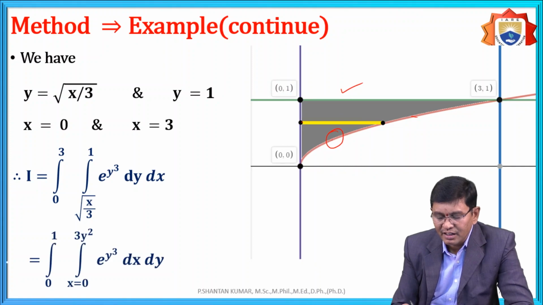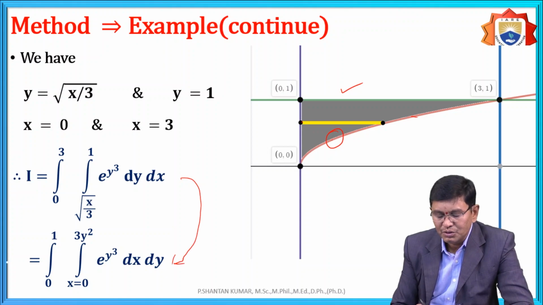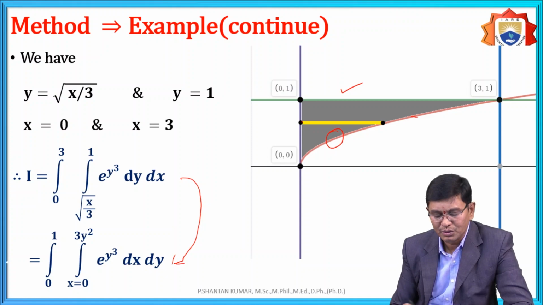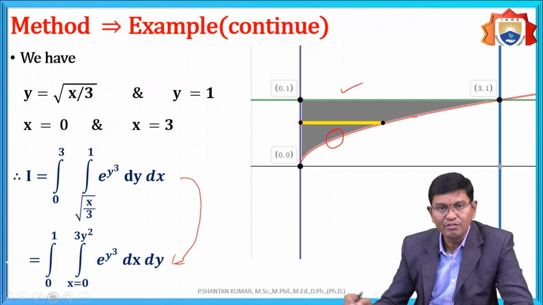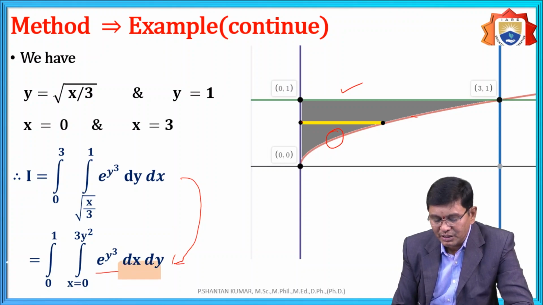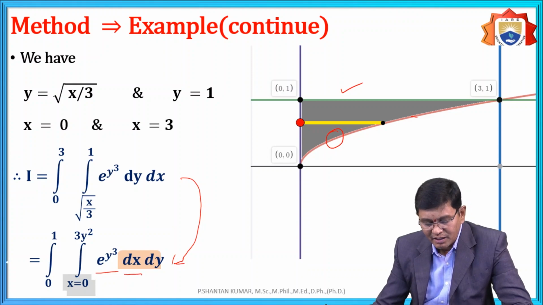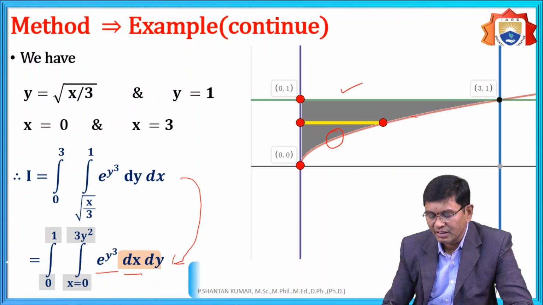And again by changing from vertical to horizontal, x is equal to 0 to 3y square is the upper, and the lower limit, the rest of the values, are y is equal to 0 to 1, the function is e power of y cube. And again here finally we integrate with respect to x and again with respect to y, and after that, by 1 by 1 replacement of the limits, we clearly obtain the solution.